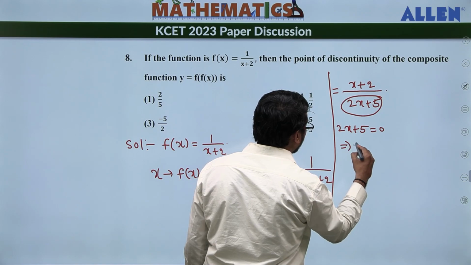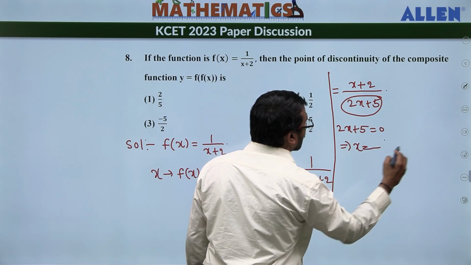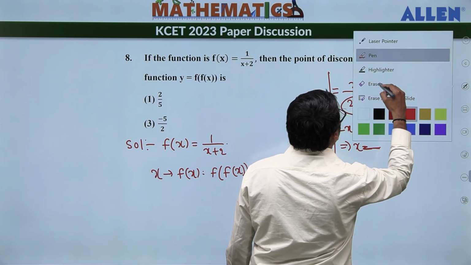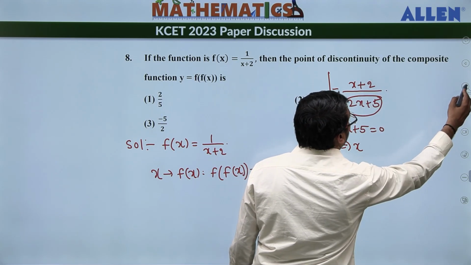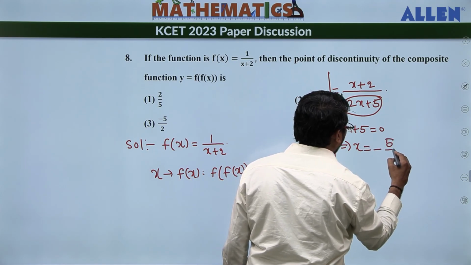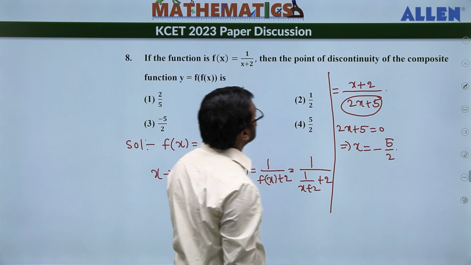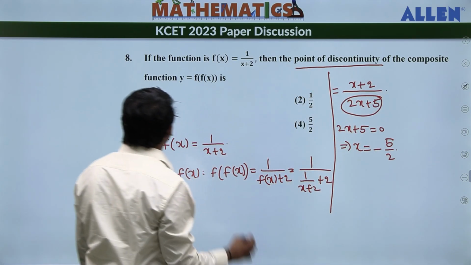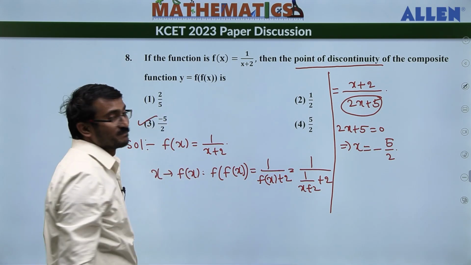X is equal to minus 5 by 2. The function is discontinuous at minus 5 by 2.